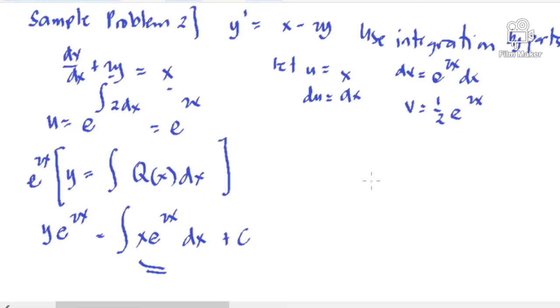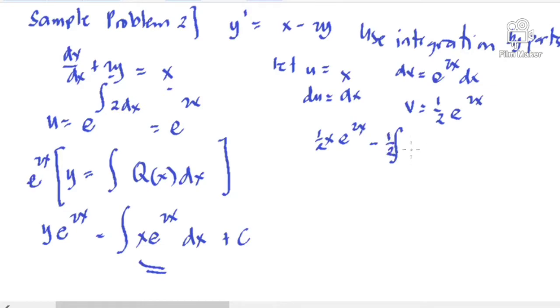Ayan. So, papalit natin ngayon dito. So, ano yung integral nito? We have uv daw. So, we have x 1/2 e to the 2x minus v du. Ano yung v natin? So, we have 1/2.